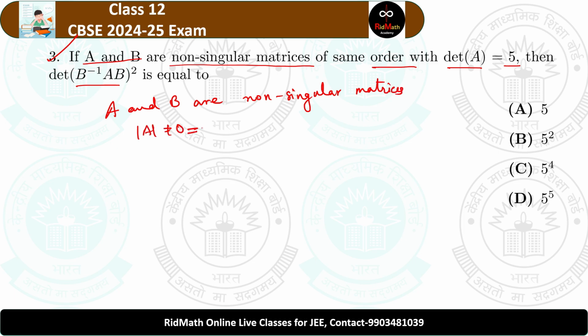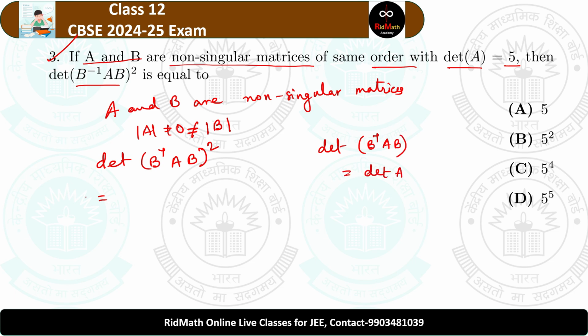So you know that determinant of B inverse A B, this is equal to determinant of A. So this is determinant of A square. That means this is 5 square. So this is 25, and option B is correct. Okay. Next problem.